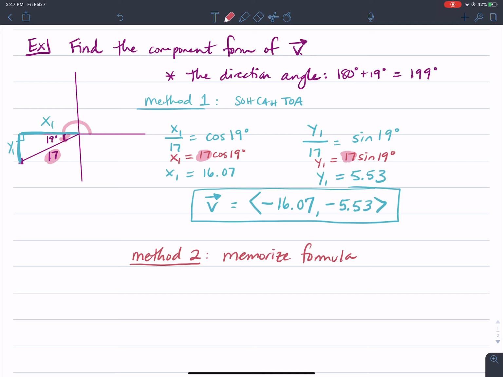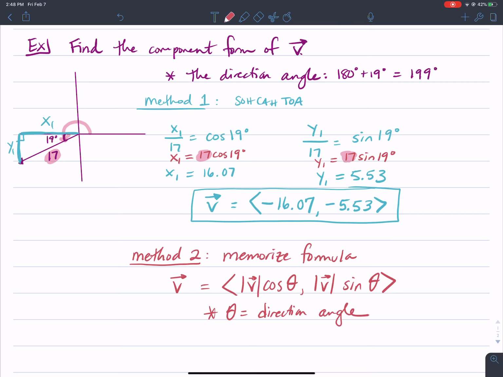So the formula would be that vector v can be found by doing the magnitude of the vector times cosine of the angle, and then magnitude times sine of the angle. Now when we say angle in this formula, we're talking about the direction angle.